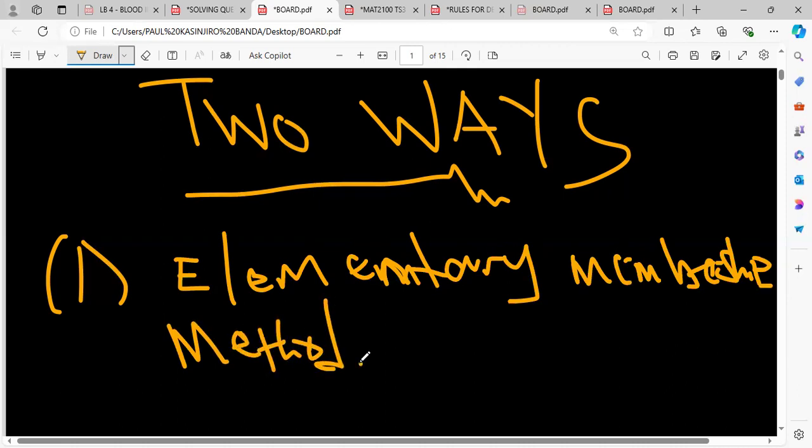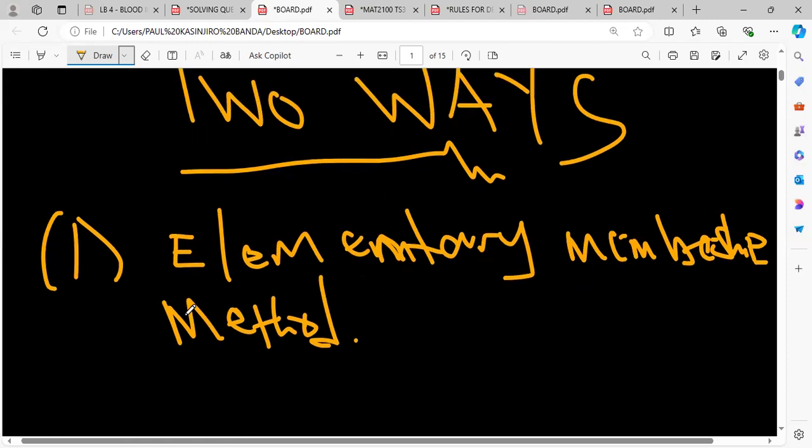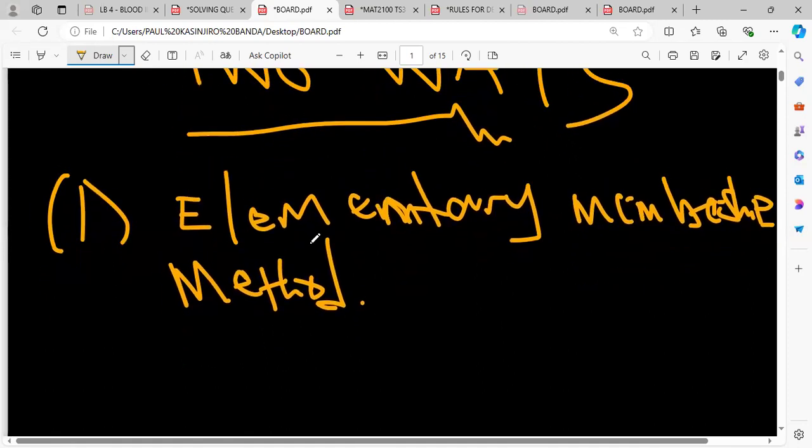In this method, you will be given sets, and then you are going to use the members in those sets to prove the identities. If you're not given sets and you are asked to use the elementary membership method, it means you can come up with your own sets and then prove the identity that you've been given. So this is the first method, where there is listing of members in that specific set.